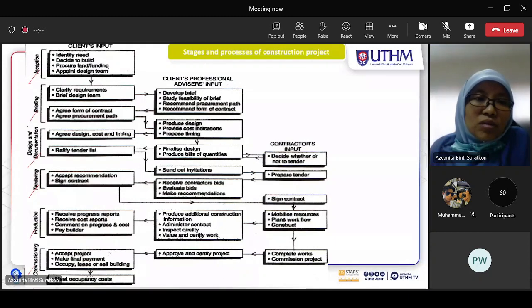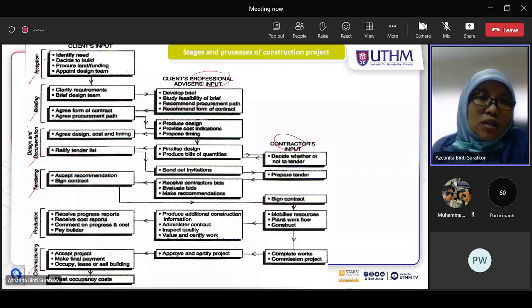So this is the client's involvement. This is professional consultants, and this is the contractor. So this is also for the traditional method. You can see here, from inception, then go to the briefing.